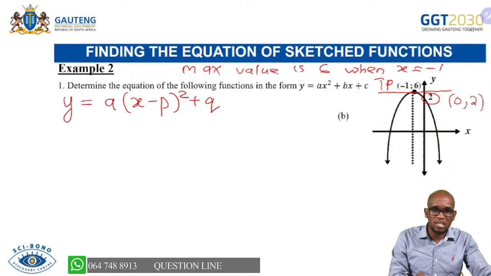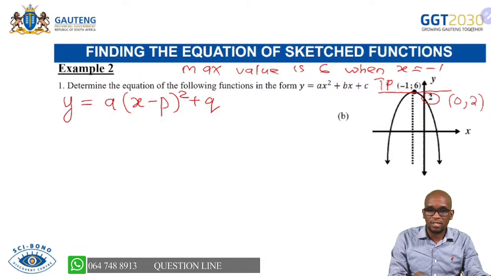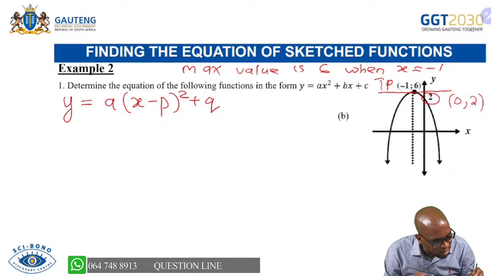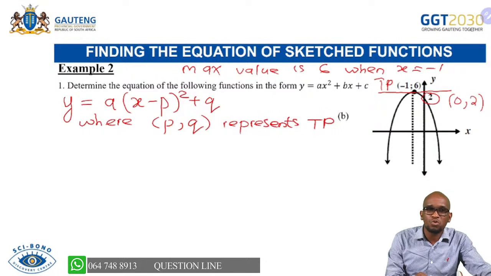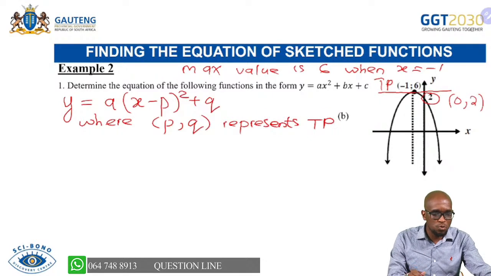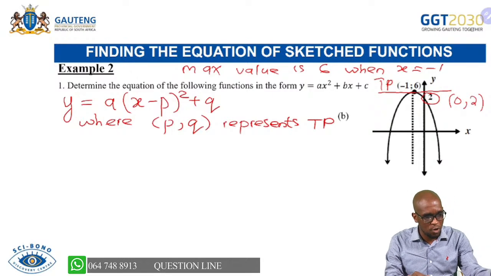The one that we did in example 1 was the x-intercept form. So this one is the turning point form, where the set p, q represents the turning point. So what we're going to do is, where we see p, we substitute the x value of the turning point, and where we see q, we substitute the y value of the turning point.